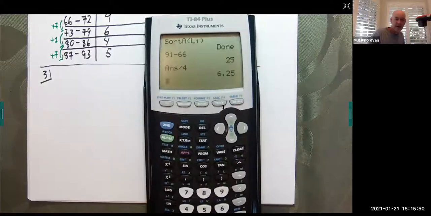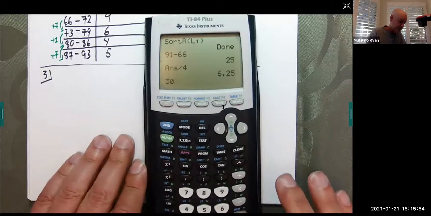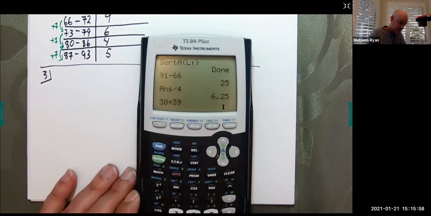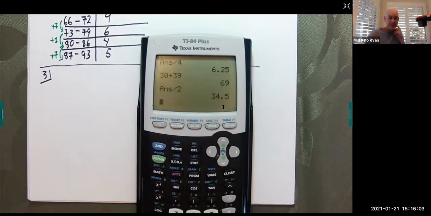So to do that, I'm going to go 30 plus 39 equals and divide by 2. That's my midpoint. And I'm going to take each of the midpoints of each of the classes that we have here and multiply them times their frequency and then add them up.